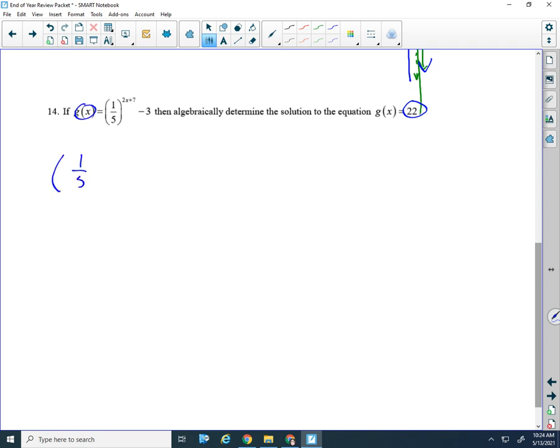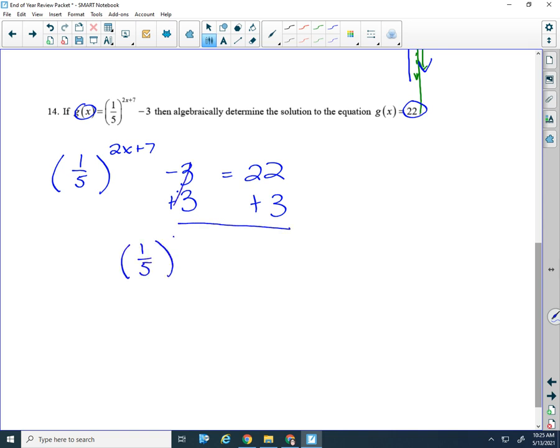I have 1/5 to the 2x plus 7 minus 3 equals 22. Before I do anything, I need to move this plus 3 if you want to get base exponent equals number. So I have 1/5 to the 2x plus 7 equals 25.